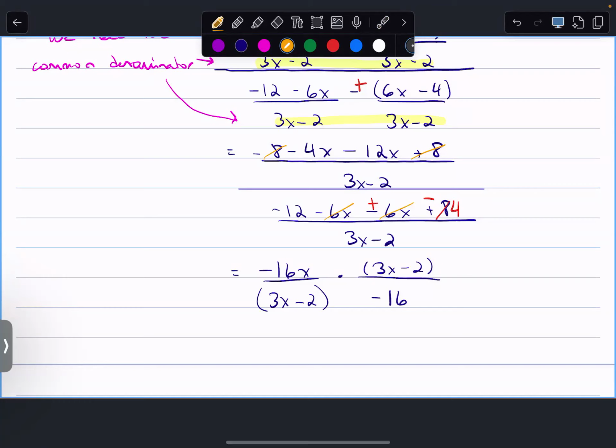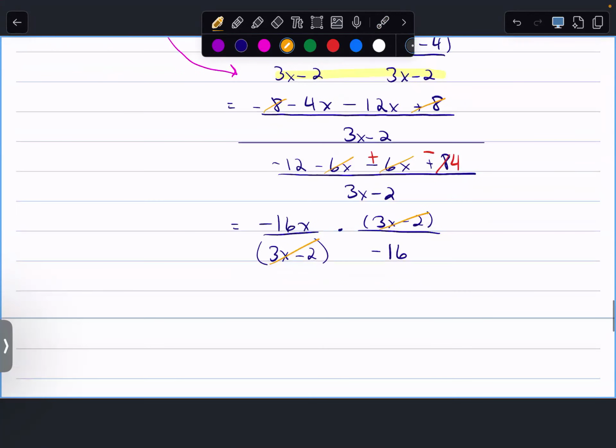But we also said that the reason we were doing all those fractions is so that when I multiply my fractions, I can cancel those numerators and denominators. And I'm left with negative 16x over negative 16.